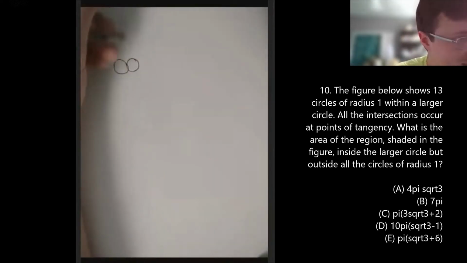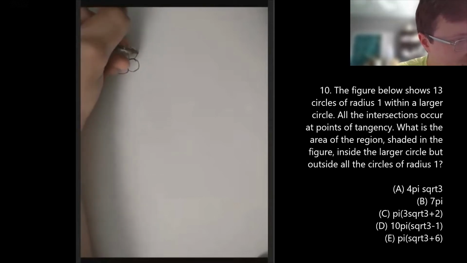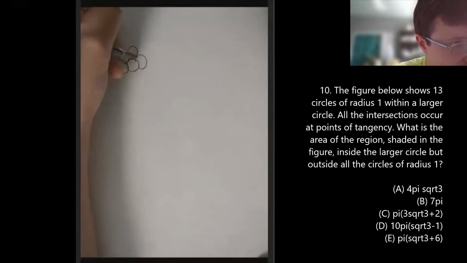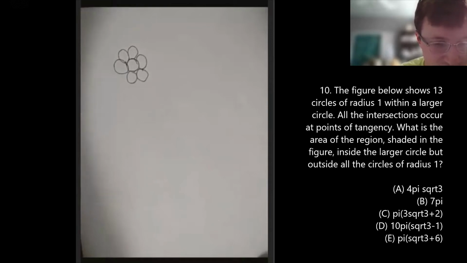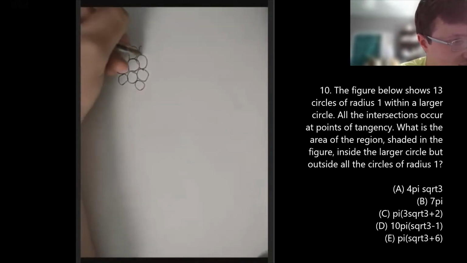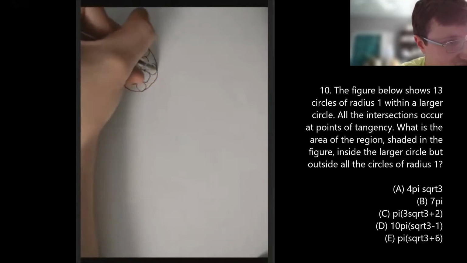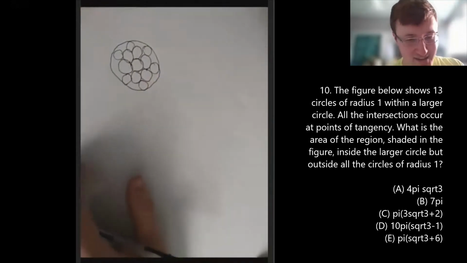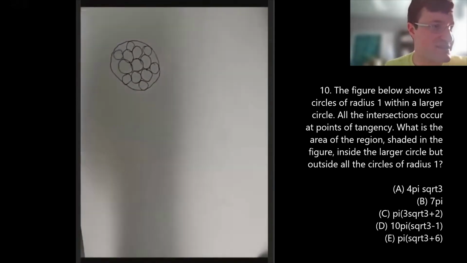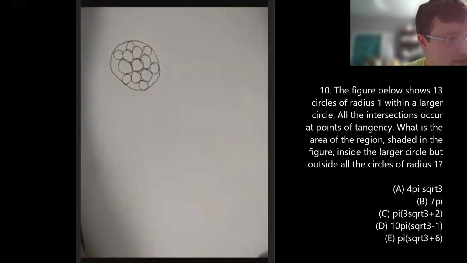Oops, those are supposed to be tangent, but you get the idea. Then I have 6 more, 1 here, 1 here, 1 here, 1 here, and 1 here. And then around that, I have the big circle. So it looks something like this, and all these mini circles have radius 1.